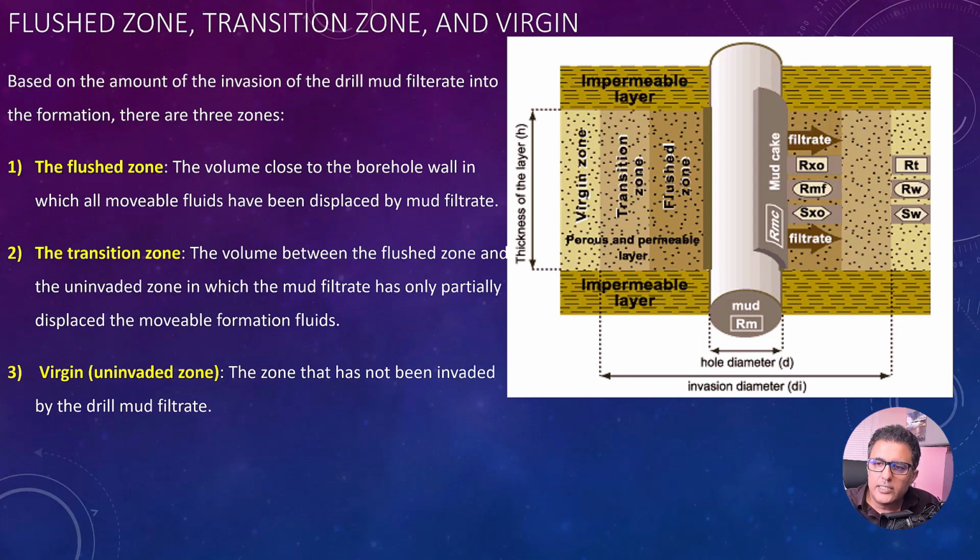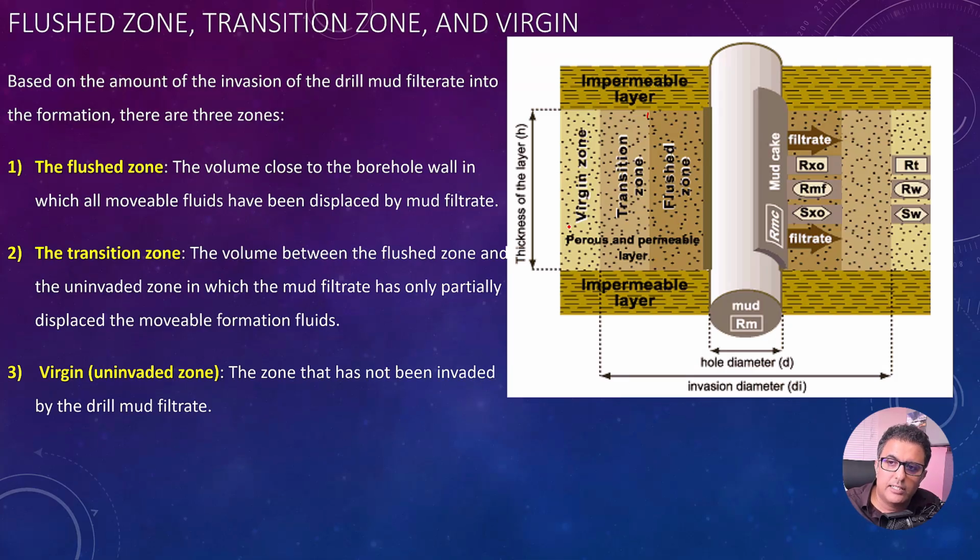Okay, guys. Now the area in the vicinity of the borehole can be divided into three zones. The first zone is called the flush zone, the area that is very close to the borehole. In the flush zone, all movable fluids have been displaced by the mud filtrate. The movable fluid can be the formation water that was initially in place and also a fraction of hydrocarbon.